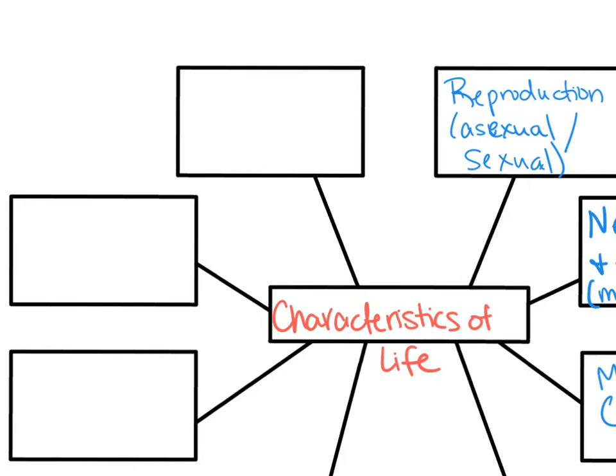Okay, so next let's look at a couple that kind of go together. Let's talk about something that organisms do as individuals, and that is that they respond to changes in their environment. An example of that would be if you go outside in the summertime and you get hot, you're going to start to sweat.